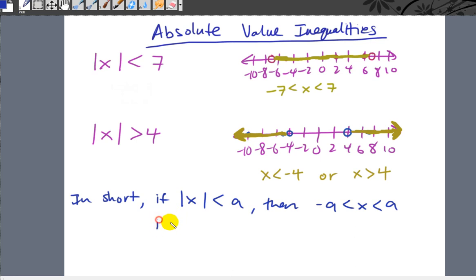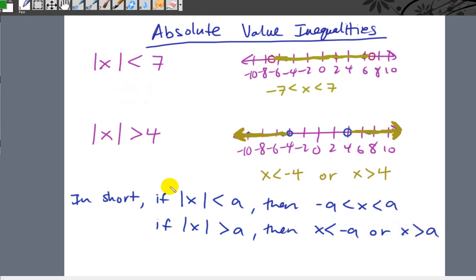And we also know that if the absolute value of x is greater than a, then we have two possibilities: x is less than negative a, or x is greater than a.